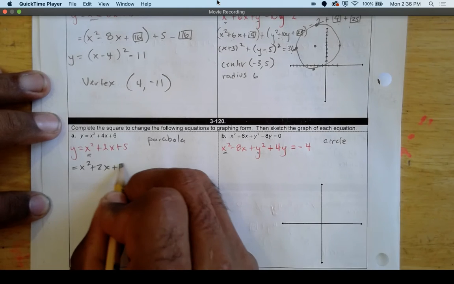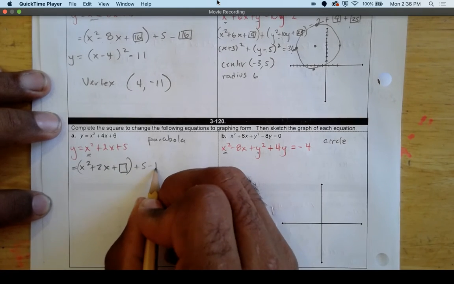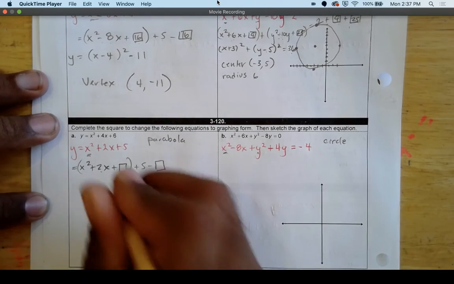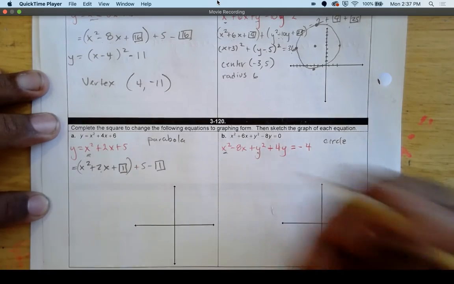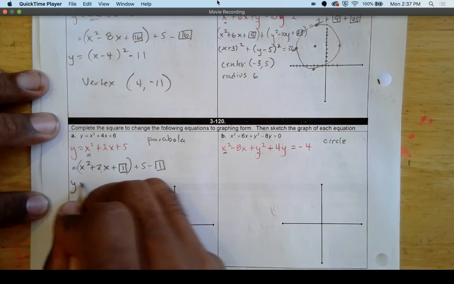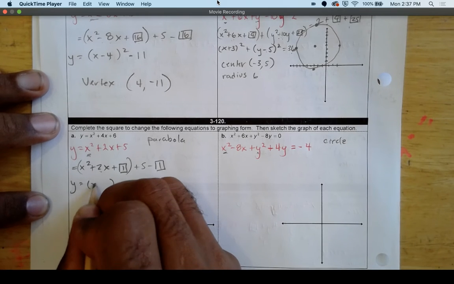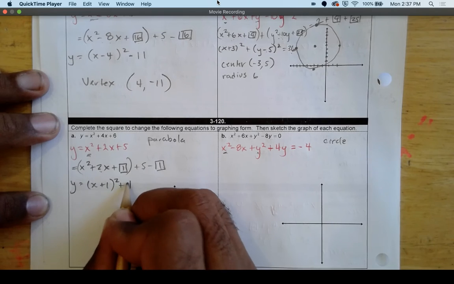So we're going to add the square and subtract the square. Half of 2 is 1. 1 squared is 1. And then add the 1, subtract the 1. Do my quick factor, which is half of 2 is 1. So x plus 1 squared, and then 5 minus 1 is 4.